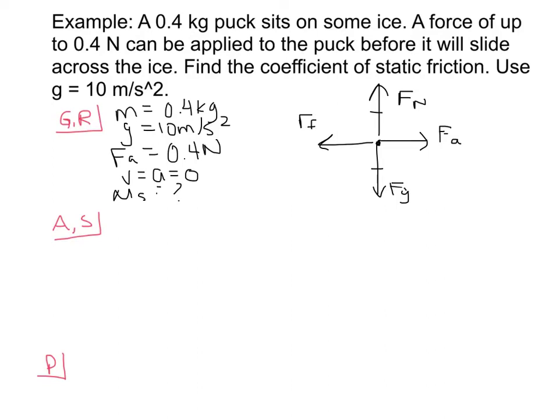And since there's no acceleration, we don't need to put an acceleration arrow, but I will put an arrow just to say we're going to use this as positive, just to be consistent. So we know that F net is 0, since acceleration is 0. And that F net is also applied force minus frictional force. So that means that applied force is equal to frictional force. And we also know that Fg is equal to Fn.